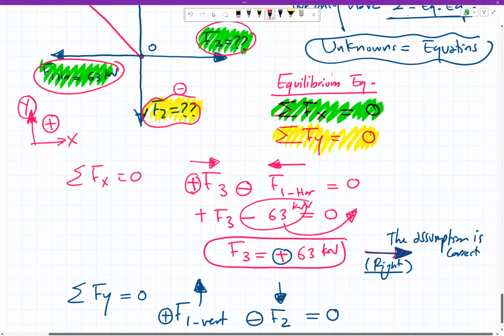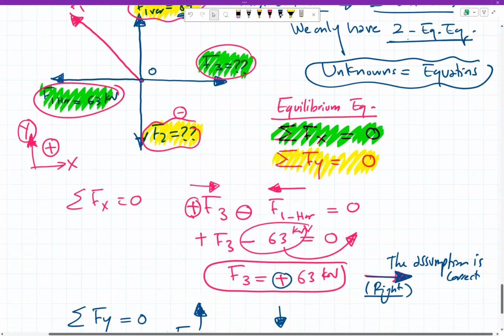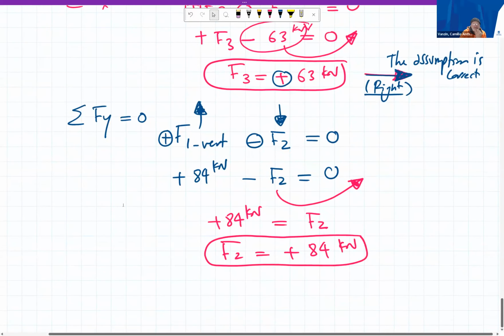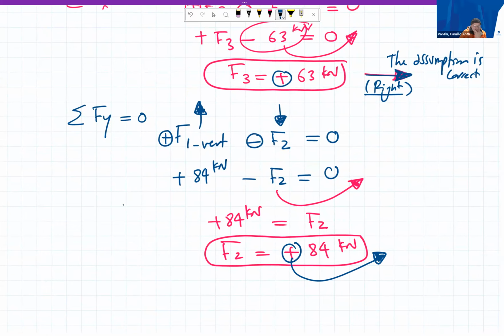What is the direction of this force? Downward or upward? How is F2 positive when it should be negative? This is what I was talking about in the previous one. What does this positive sign mean? This positive sign doesn't indicate the direction here, because it comes from the equilibrium formula. It is just an indication that our assumption is correct.